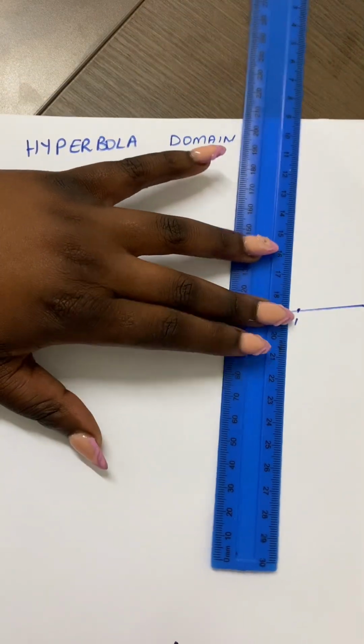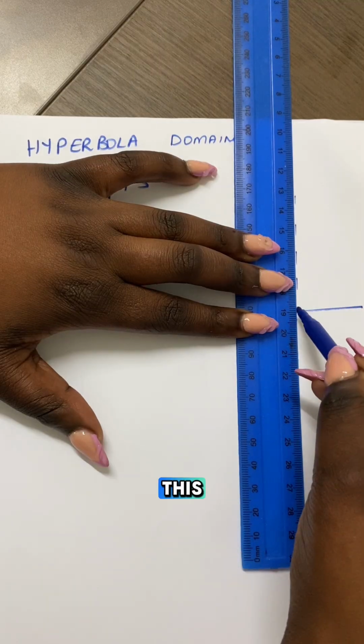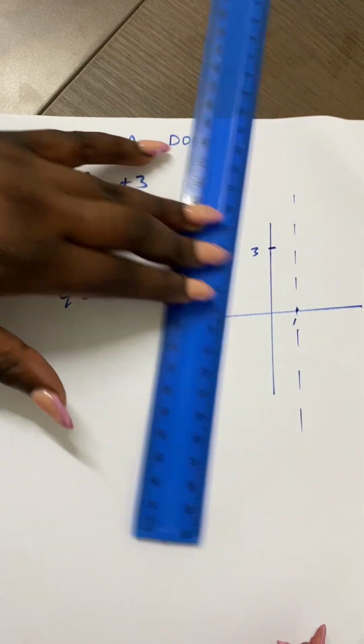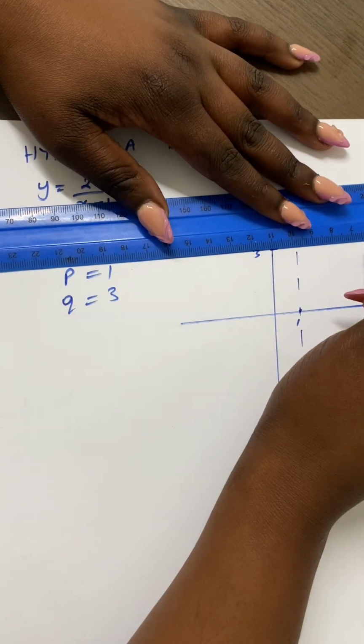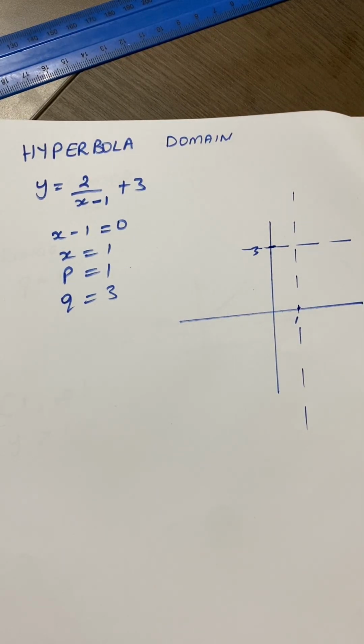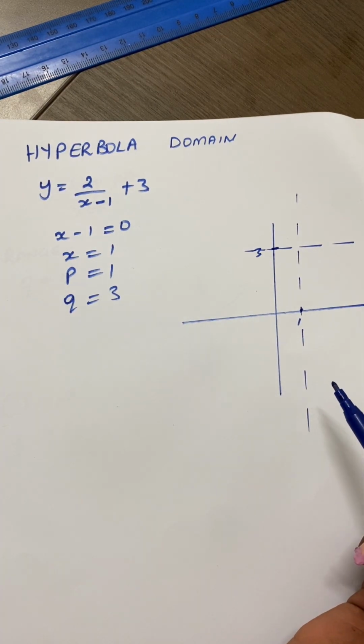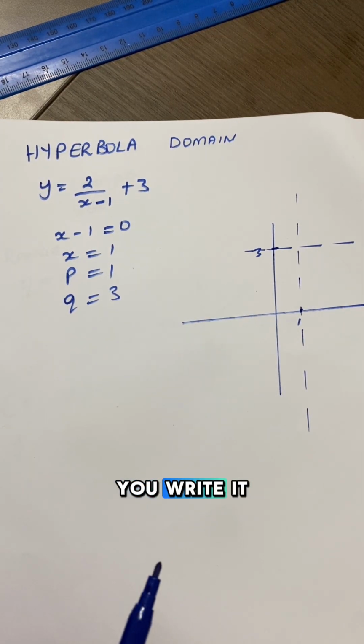So it will be like this. The graph never touches this line. So how do you write it?